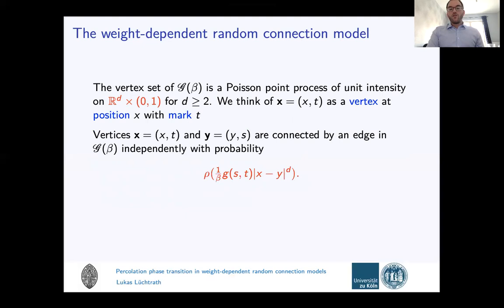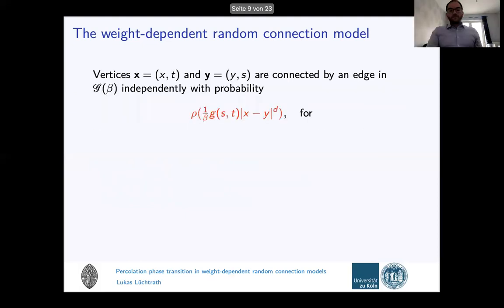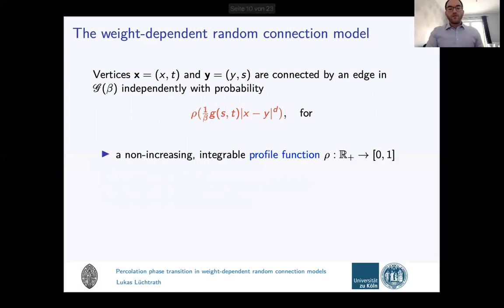And given positions and marks, we connect each pair of vertices independently by an edge with a probability which depends on the temperature beta, on the marks, and on the spatial distance of the vertices. Here rho, the outer function, is an integrable, non-increasing profile function.